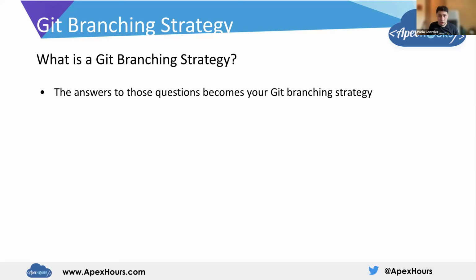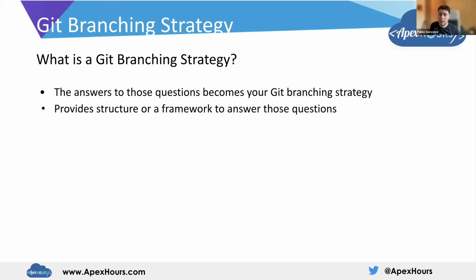Now, another way to think about a Git branching strategy is that it provides a structure or a framework that makes it easy to answer those questions. So you don't have to start from scratch thinking, is main production? When do I merge to main? Should I use feature branches? Using a Git branching strategy puts some structure on that, and it has some pre-answers to those questions.